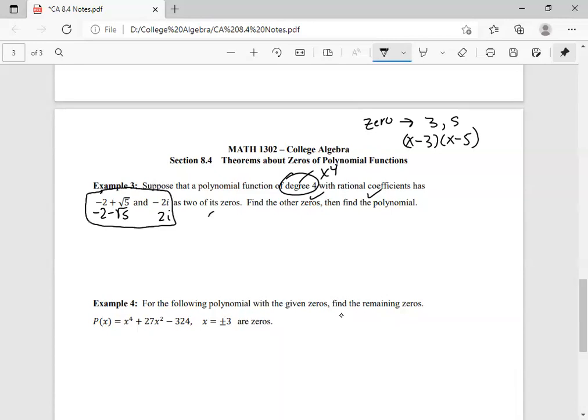So when I'm writing these out, we know that every single time we are supposed to subtract. So if our 0 is 3, we would want to say x minus 3. So we've got this, except we have 4 of them. One of our zeros is negative 2 plus the square root of 5. I'm going to make this bigger.